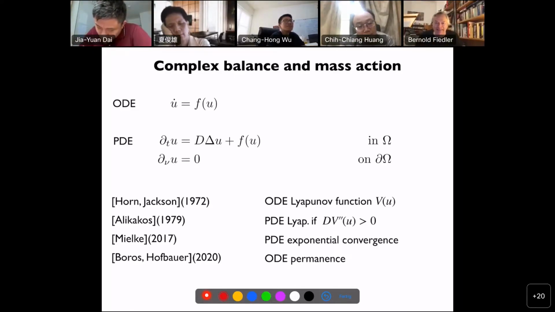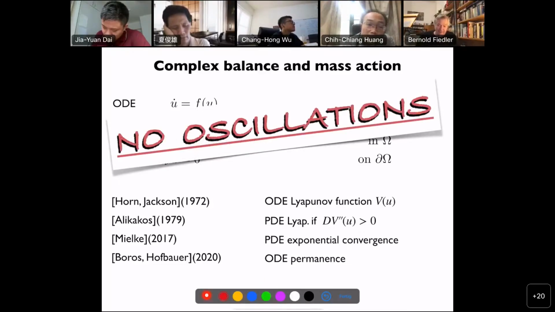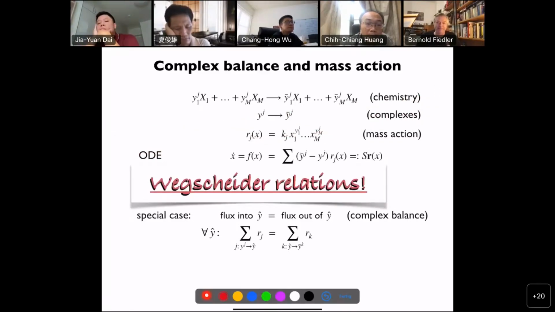So we are in non-equilibrium, we are non-closed systems. This simplistic thermodynamics does not apply to open systems. So that's why I want to explore both. No oscillations due to Lyapunov functions, but there is a hidden trick here.